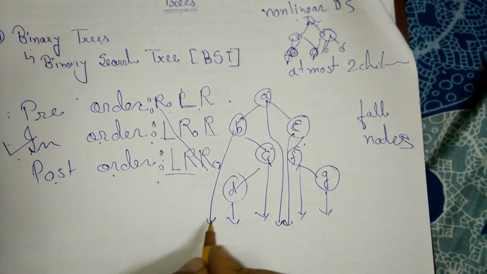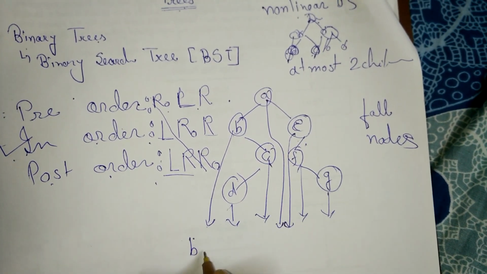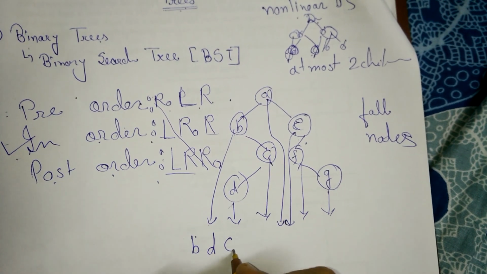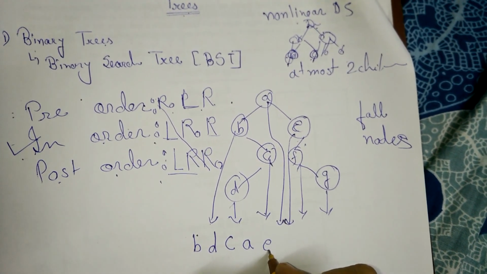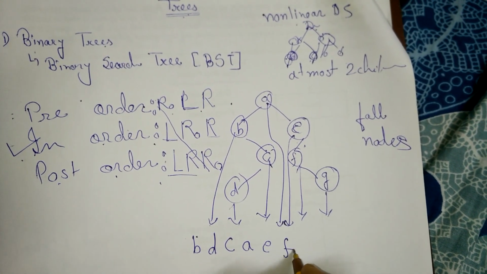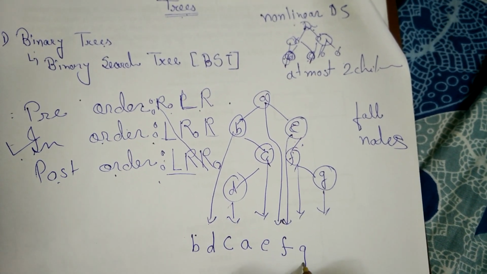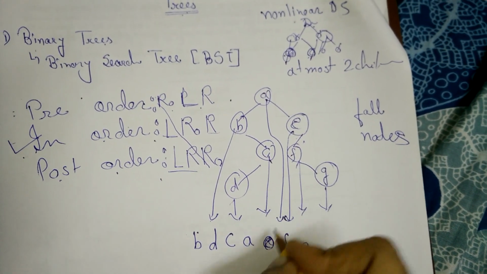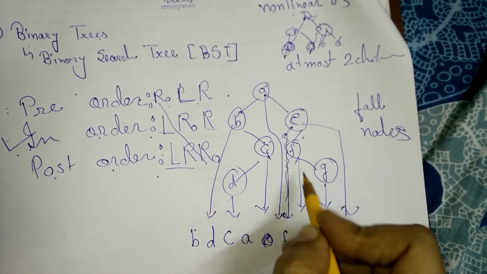Now see what will be the in-order sequence for this. The first is B, then D, after that C, then root A, then E, then F, and lastly G. Sorry, this E will not fall here, this E will fall here.